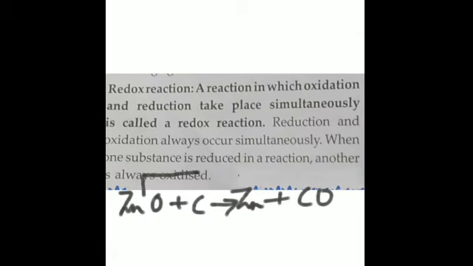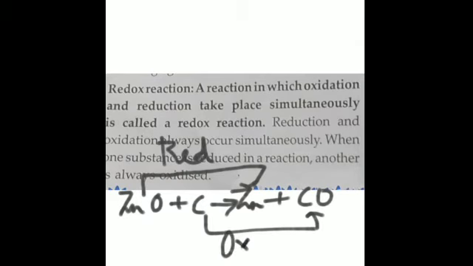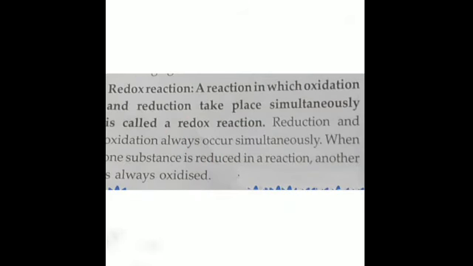Here there has been a reduction and here there has been addition of oxygen. So this is oxidation. So both reduction and oxidation are taking place simultaneously in the same reaction. So this is known as the redox reaction. Is it clear? Now I hope you have understood the concept behind this.